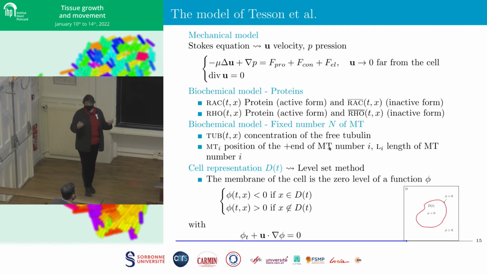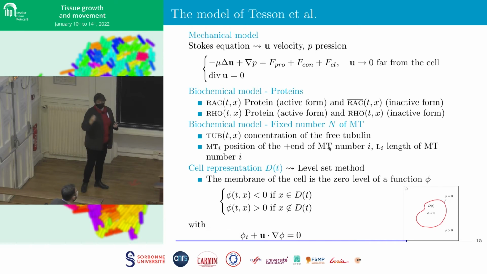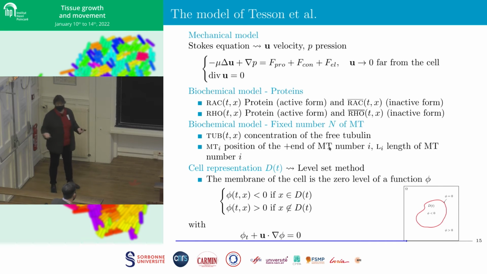So we are not able to couple all the precision we had in the model of Ayuna here, and we decided to limit ourselves to a quantity that will model the amount of tubulin at each point of the cells.